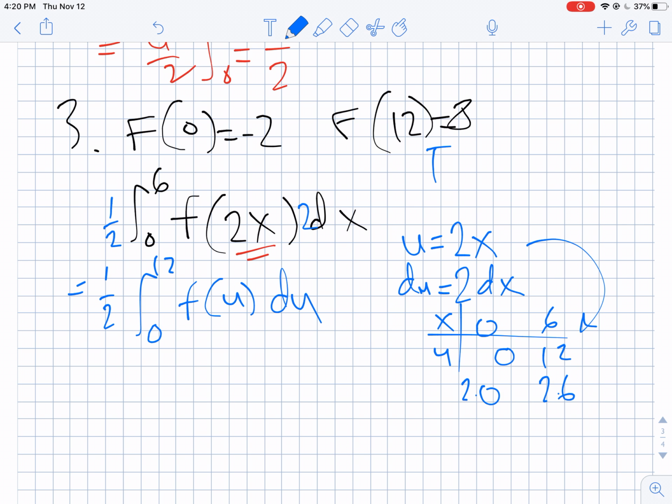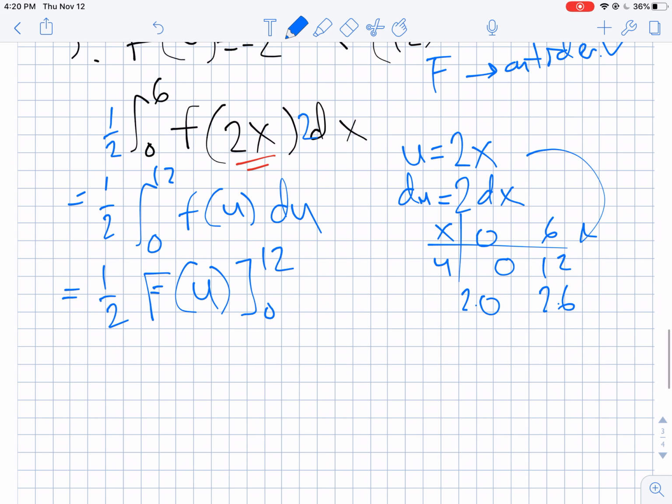Well, in the problem, they told us that big F is the antiderivative. So this is going to become 1/2 times big F of u going from 0 to 12. If big F is the antiderivative, you take the antiderivative of little f and you get big F. So this is going to be 1/2 times big F of 12 minus big F of 0.